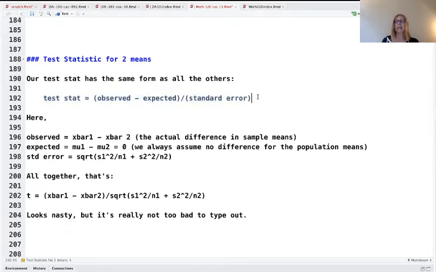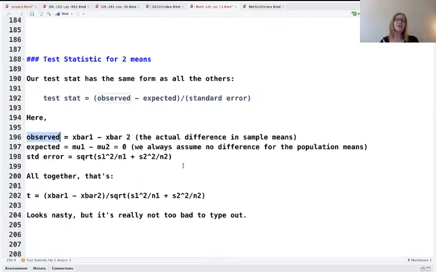Totally the same thing as for 1 mean and 1 proportion. But here, we're going to use all of the 2 means facts and plug them into the equation. This is a really great place to pause, by the way, and soak up all the stuff that's on this page.